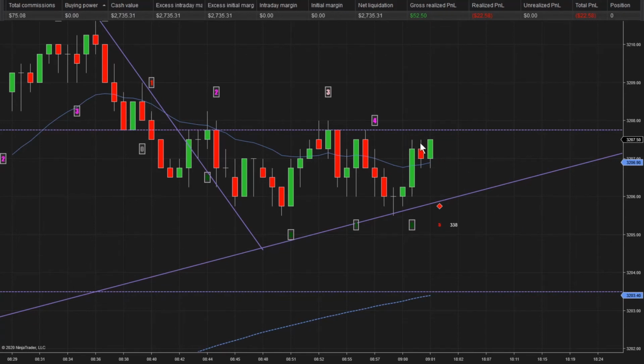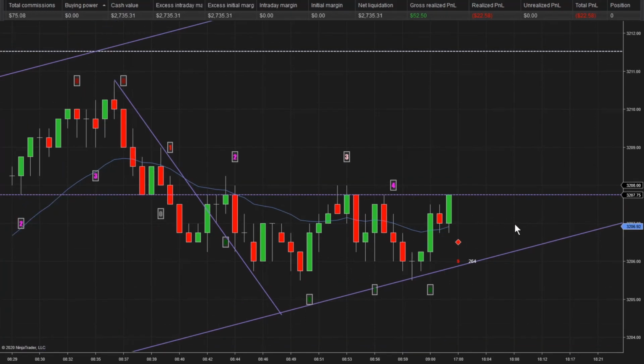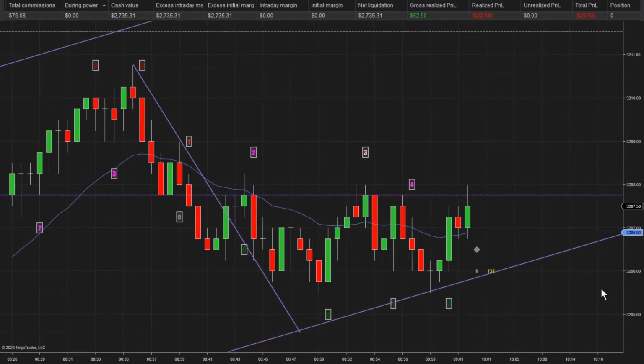It does. It hits it twice, three times. Okay, now we're breaking out. Breakout, come back down. I'm pretty sure if it breaks out here, it might not even pull back, but we'll see. Okay, let it happen first.